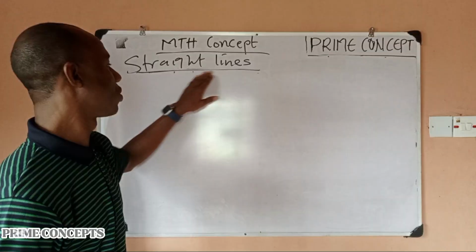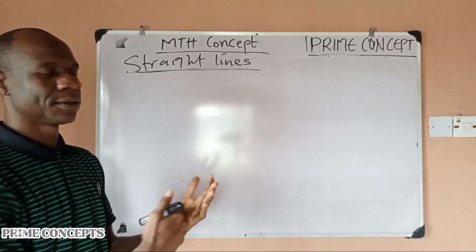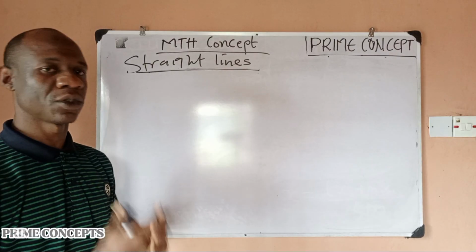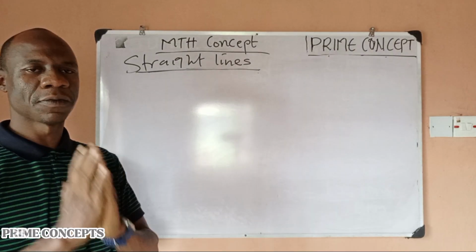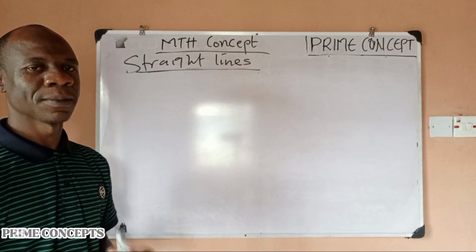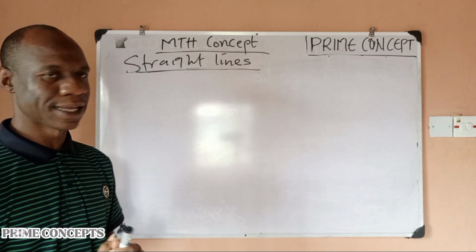Now, in this video, I want to introduce straight lines and study some things such as the distance or the length of the straight line. We are considering this using the idea of coordinate geometry, and we are considering the Cartesian coordinate system.